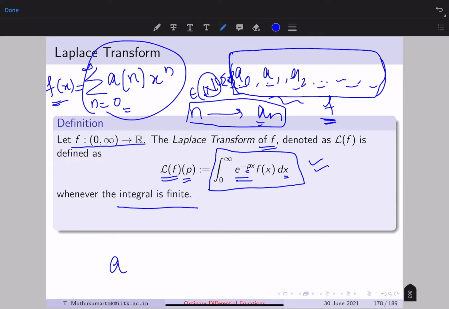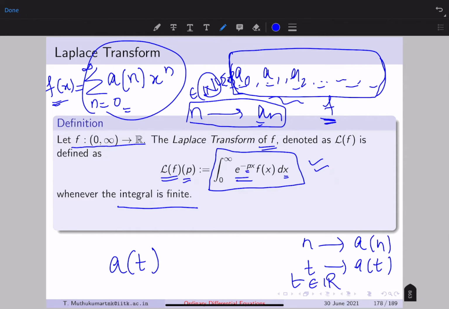What is the continuous analog of this? Instead of n, where you have a discrete set, you take the entire real numbers. So as not to confuse it with this x, let's use t. Earlier you had n going to a of n. Now you have t going to a of t, and t comes from the real numbers.